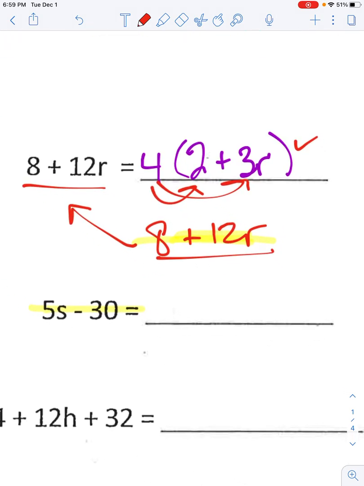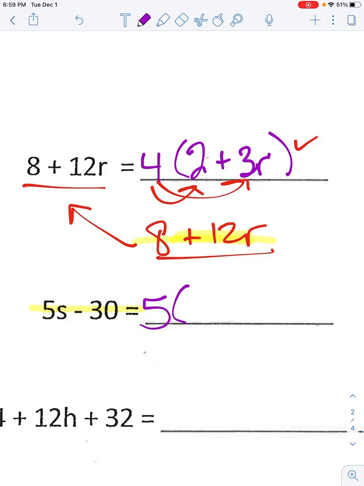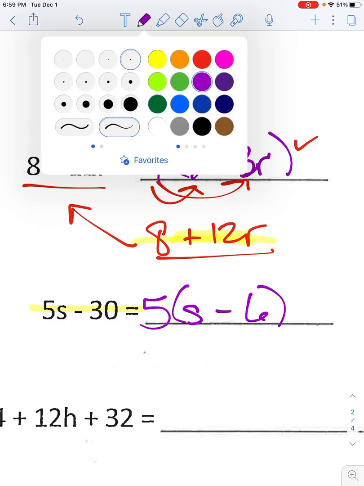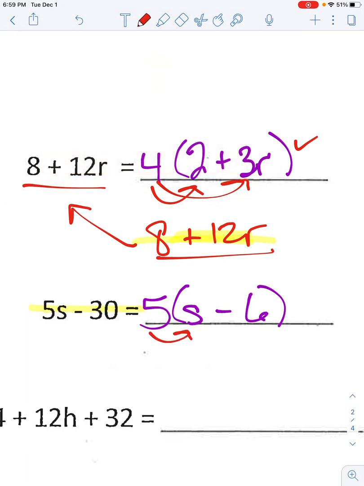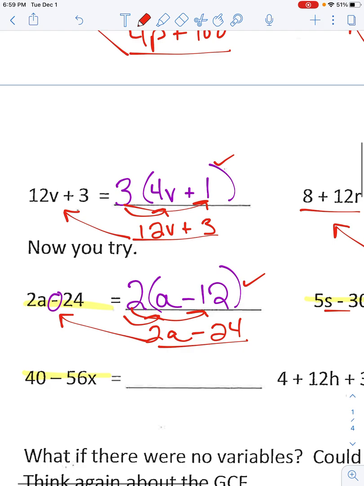Over to the right, 5s minus 30. 5 is the greatest common factor, leaving me with s minus 6. 5 times s is 5s. 5 times a negative 6 is negative 30. And finally, 40 minus 56x.